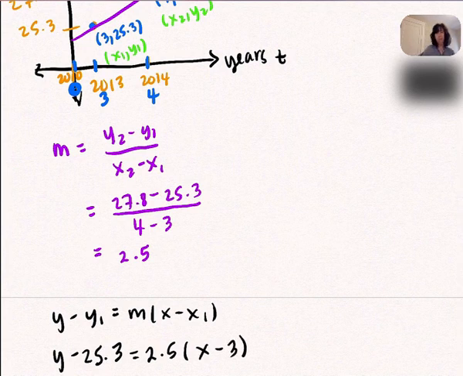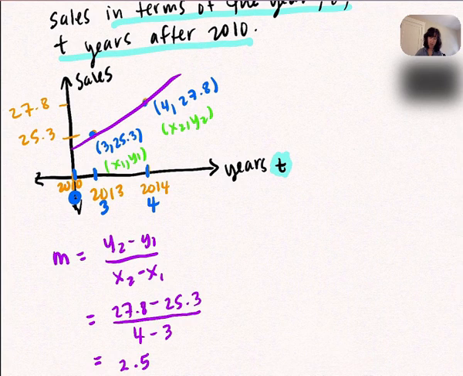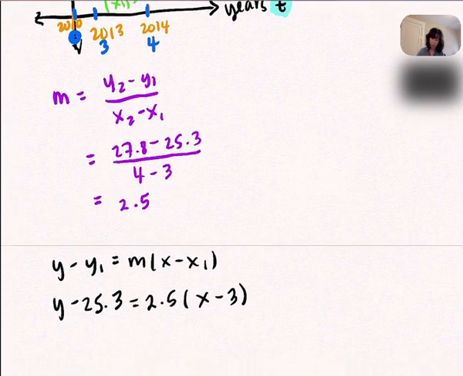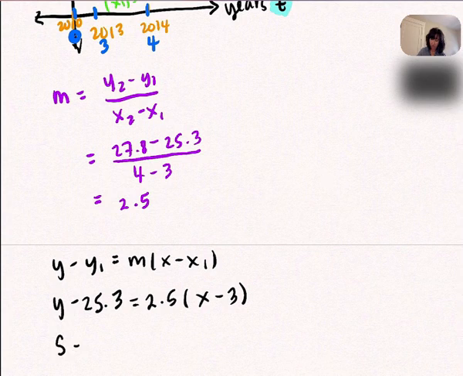Now, if I'm looking at this, there's something a little bit strange, which is that my x-axis is actually supposed to be in terms of t. So if you go back here, we want the x-axis in terms of t. And then my y-axis is sales, so maybe I'll call that S. So instead of using y and x here, I'm going to switch them to S and t.